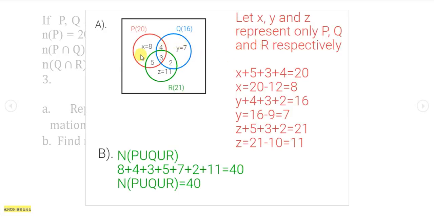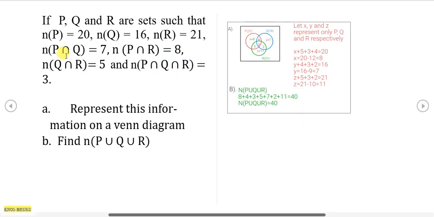Okay, so the red circle represents the set P, the blue circle represents the set Q, then the green circle represents the set R. Good. So now let's fix in the values.